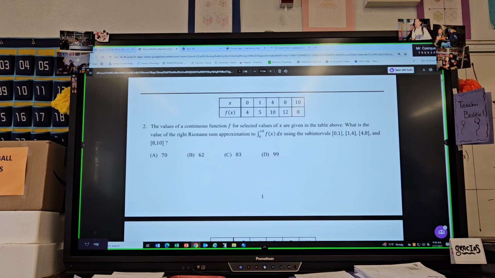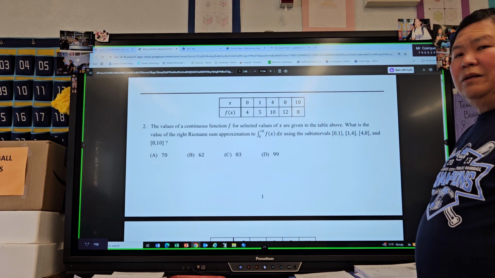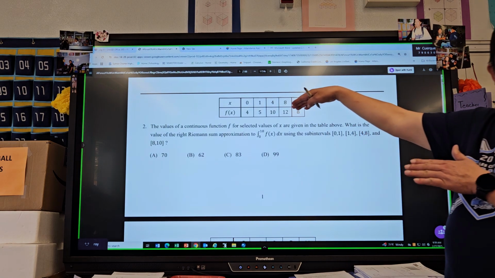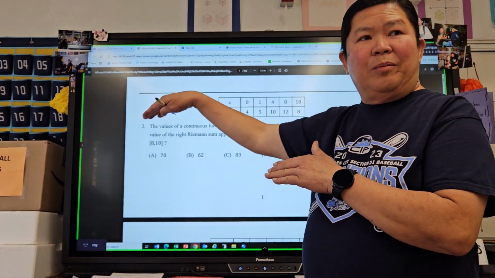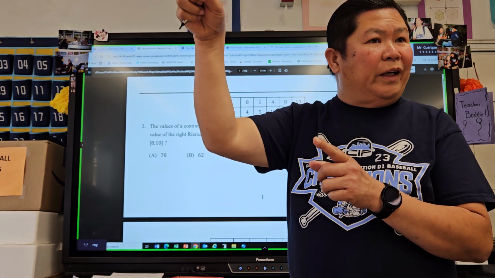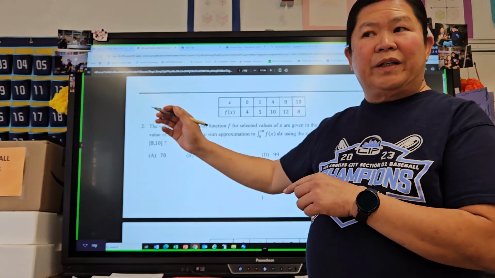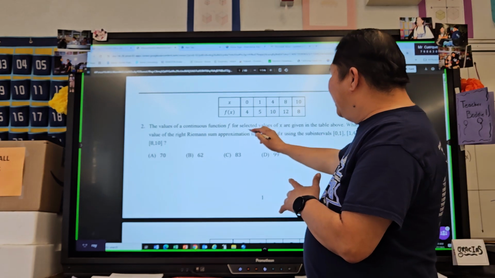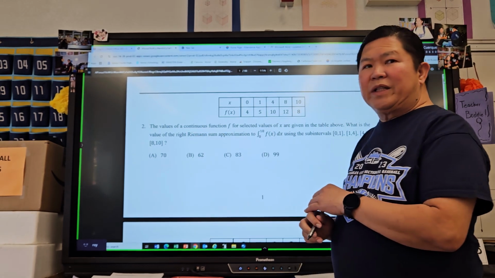Okay, number 2. So, right Riemann sum. A while ago, it was left Riemann sum, but it was graphical, right? So question number 2 is tabular, a table, but it's going to be right Riemann sum.